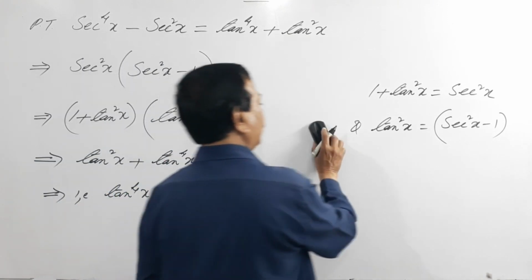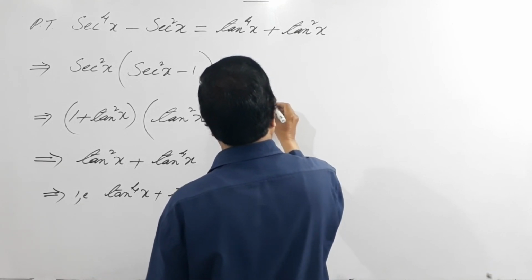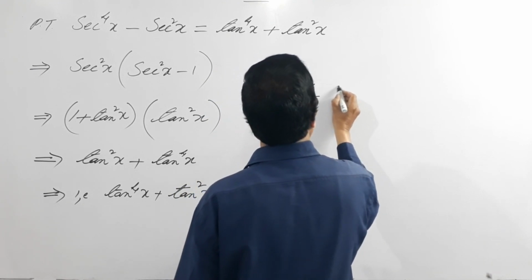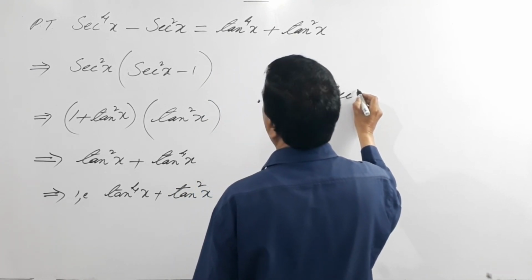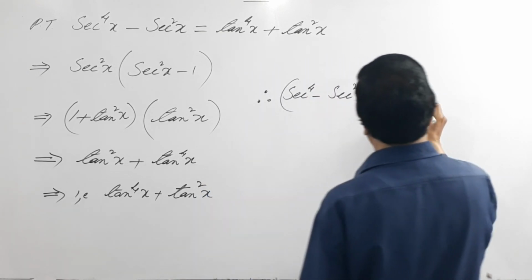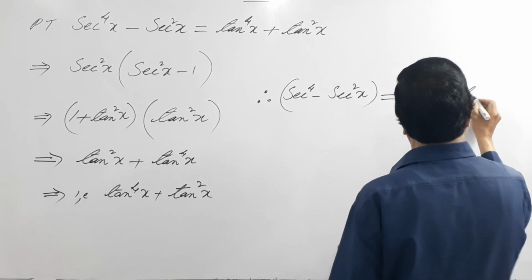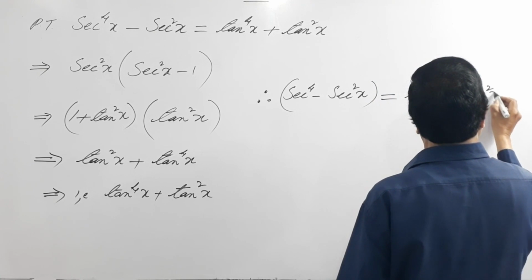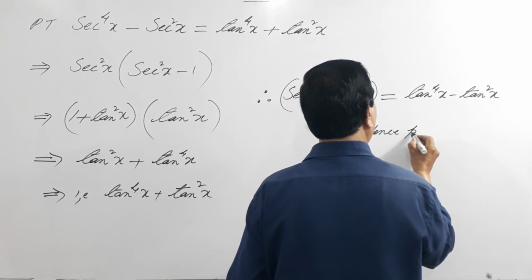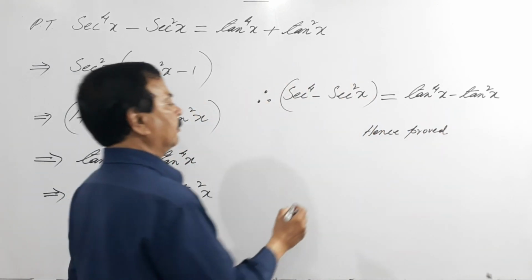So secant to the power of 4x minus secant square x equals tan to the power of 4x plus tan square x. Hence proved. This is the answer.